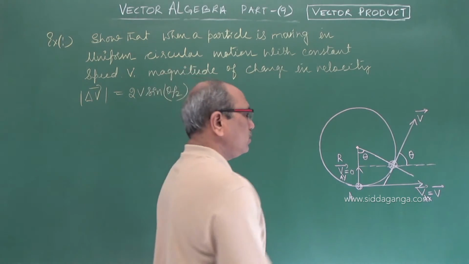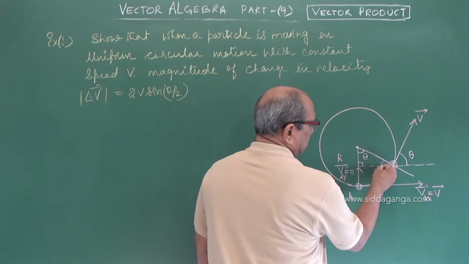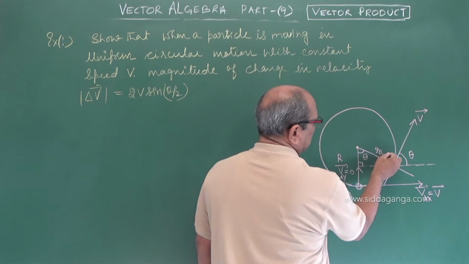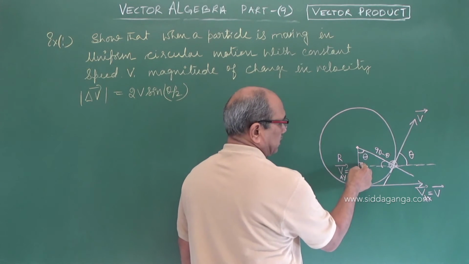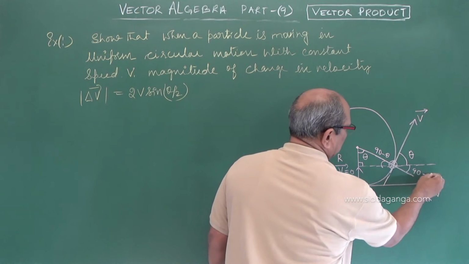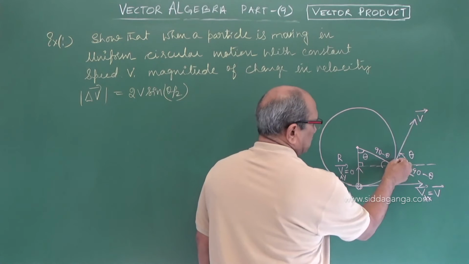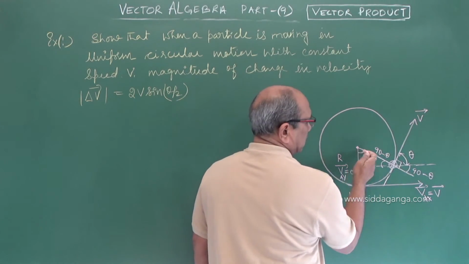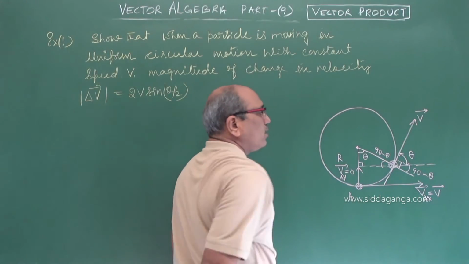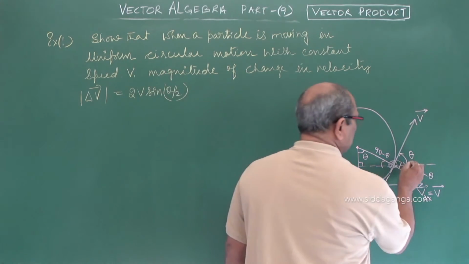Why? Because in this triangle it is 90 degrees, then it is 90 minus theta. If it is 90, then this is 90 minus theta, then this should be theta because this is perpendicular. Radius and tangent in a circle are perpendicular to each other, and hence this is theta.